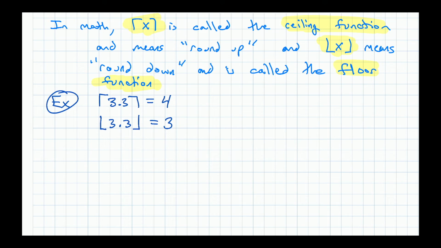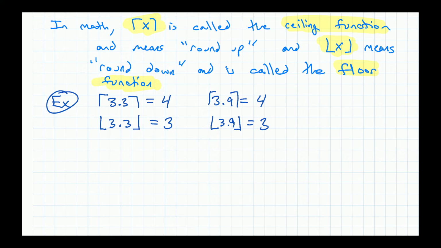So we're telling you to round up or down. And if you get a number, so like if I do like 3.9, right? That's really close to 4. Ceiling 3.9 is 4. Floor of 3.9 is 3 still, right? It doesn't matter how close it is to 4. You're rounding up with the ceiling function and you're rounding down with the floor function, no matter what.